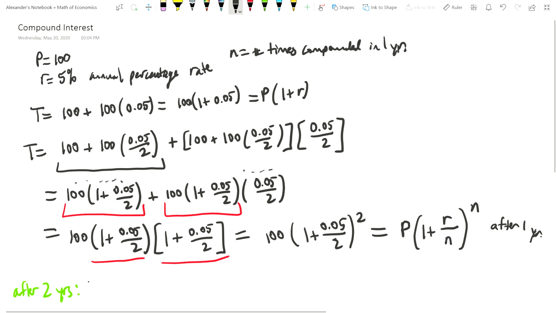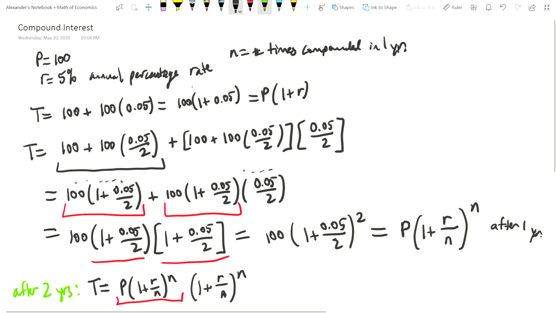So our total is going to be the principal times 1 plus r over n to the n. This is after 1 year, but when interest is charged or given to you after the second year, it's evaluated on this new total that you got after 1 year. So this is now going to be multiplied by 1 plus r over n to the n.